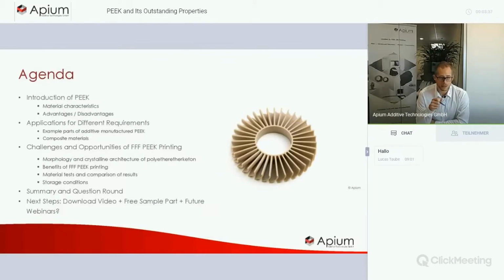I will highlight also the benefits of FFF PEEK printing. And in the end, I want to show you some material tests and results we did in regards to the layer adhesion. And as a final point, I want to remark storage conditions of this polymer.